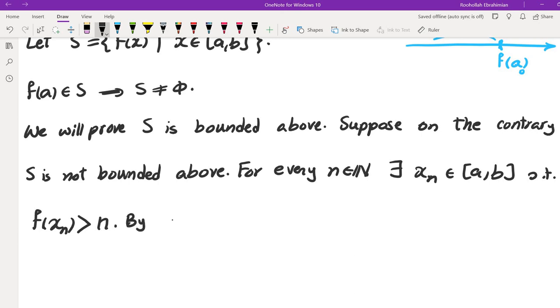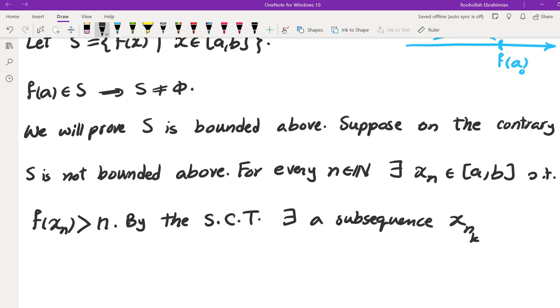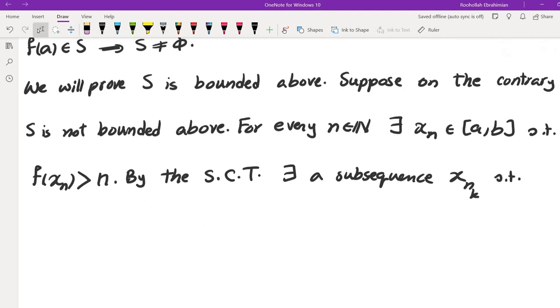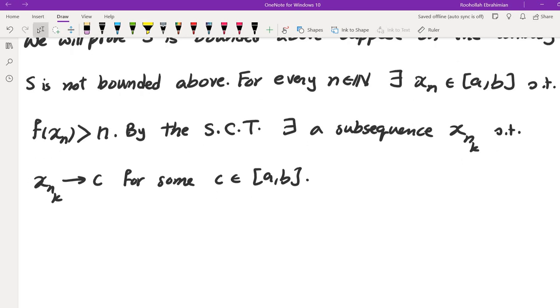So by the sequential compactness theorem, there is a subsequence, let's call that x sub nk, such that x sub nk converges to some c inside the interval [a, b], because the closed interval from a to b is a sequentially compact set, which means every sequence inside [a, b] has a subsequence that converges to something in [a, b].